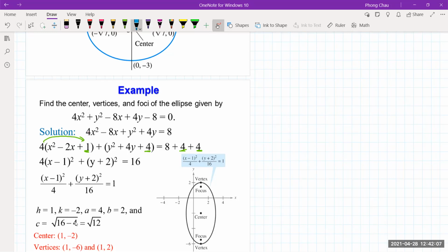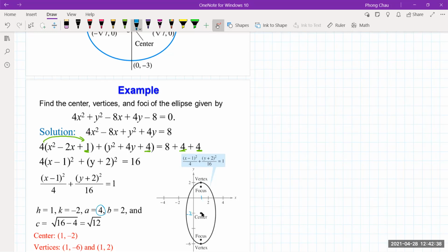And how do we locate the vertices? I have 1 and -6, and 1, 2. So the way you do it is, again, you locate the center first, which is 1 and -2 there. A is 4. Notice that we have the second case, the vertical major axis.